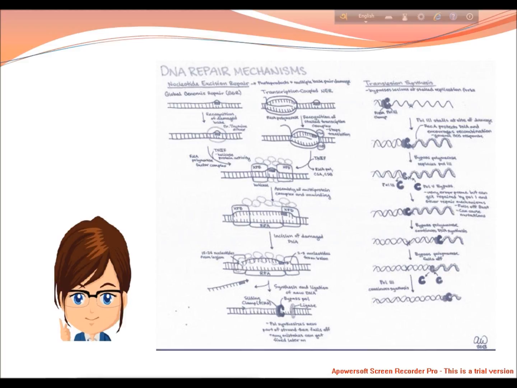Pol eta is known to add the first adenine across the T-T photodimer using Watson-Crick base pairing, and the second adenine will be added in its syn conformation using Hoogsteen base pairing.